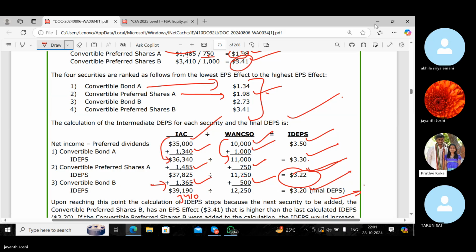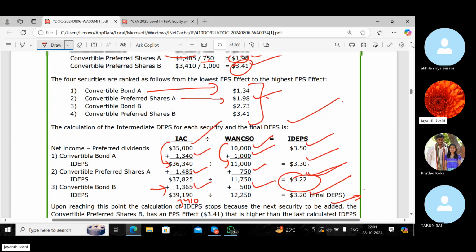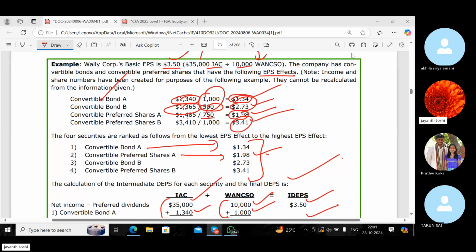So the ranking ones, can you explain? Will they give it in the question or should we rank them? Yeah, they'll give it in the question. So you need to rank in ascending order.